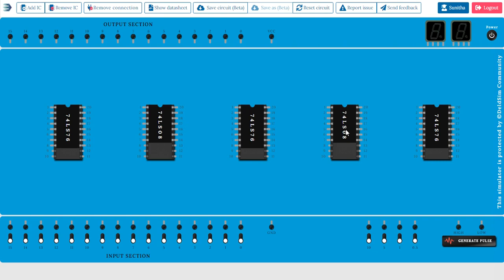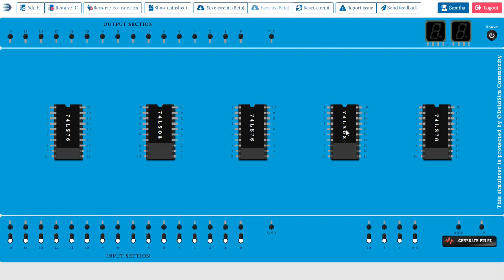First, what you need to do is connect VCC and ground for all the ICs. As you already know, 7476 is a 16 pin IC where the 5th pin is VCC and the 13th pin is ground.